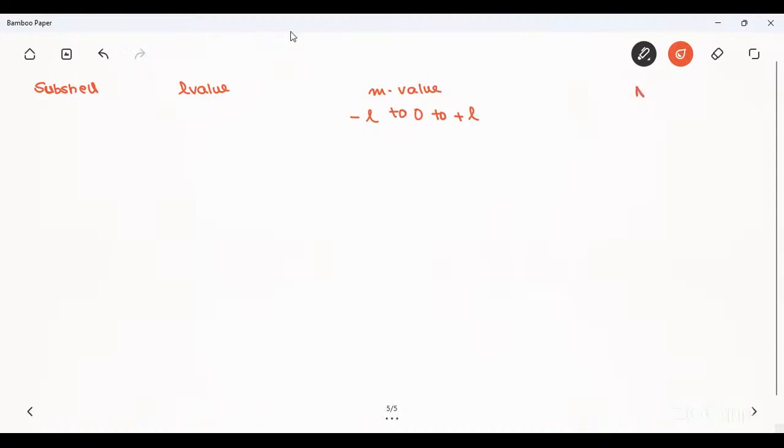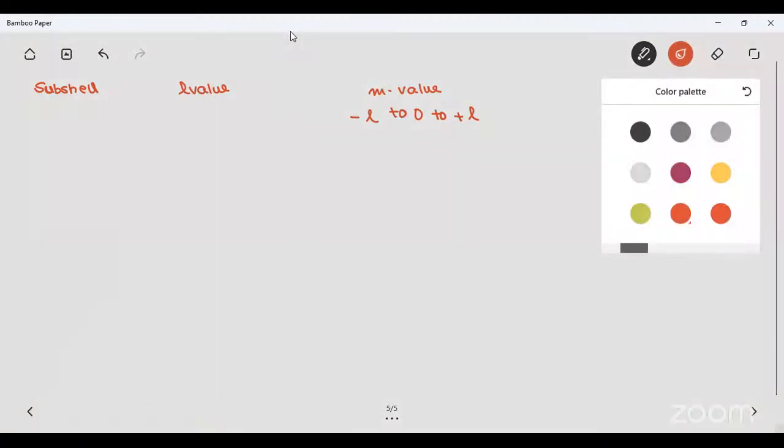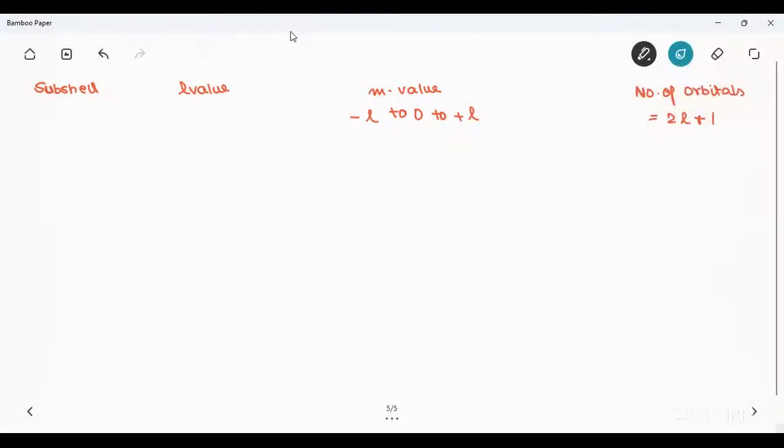And these are the number of orbitals, that is 2l plus 1, right? And these are s, p, d, and f.